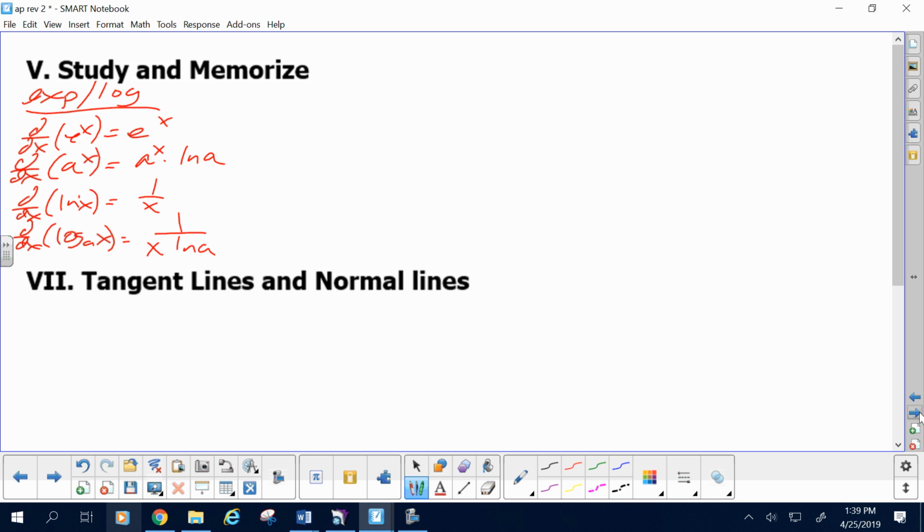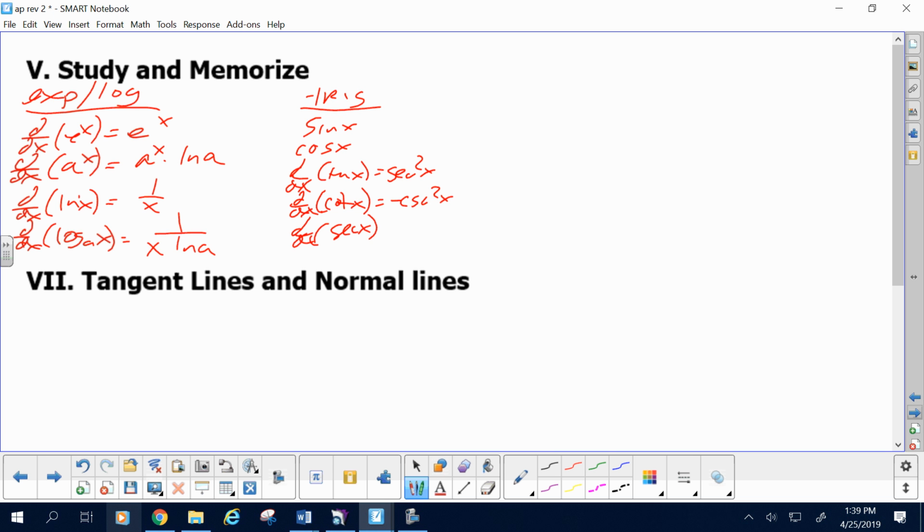Okay? Let's talk trig. I think you know sine and cosine. They're fine. At this point, you probably know tangent. If you don't, come on. What's the derivative of tangent? Secant squared. Derivative of cotangent? Negative cosecant squared. Derivative of secant? Secant tangent.